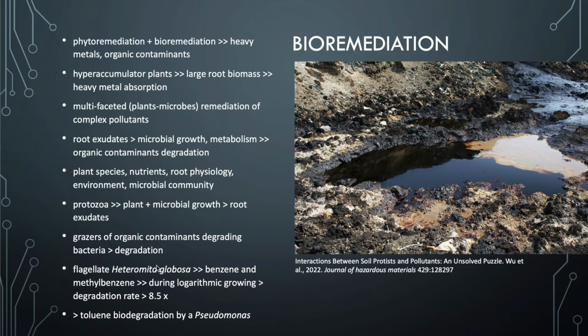So if the flagellate is not present, there is a lesser degradation rate by 8.5 times. So that's a huge increase in degradation as a result of this predatory behavior on the benzene and methylbenzene degrading bacteria by the flagellate. Also, toluene biodegradation is increased by Pseudomonas bacteria when Heteromita globosa predates on the Pseudomonas.